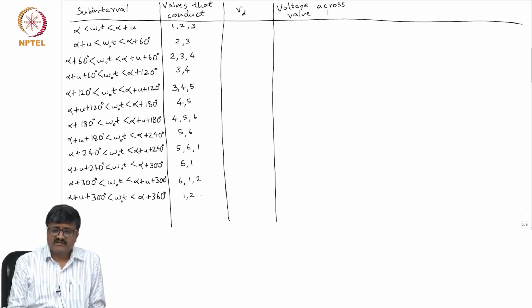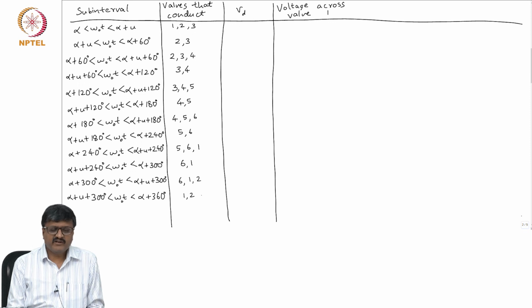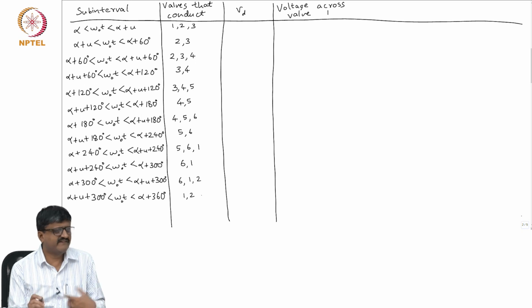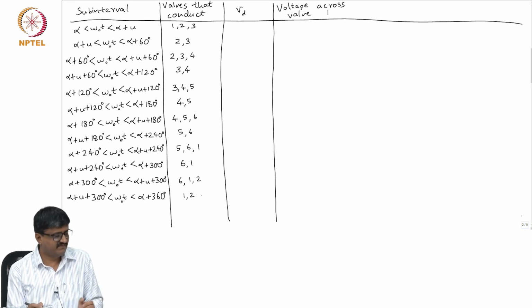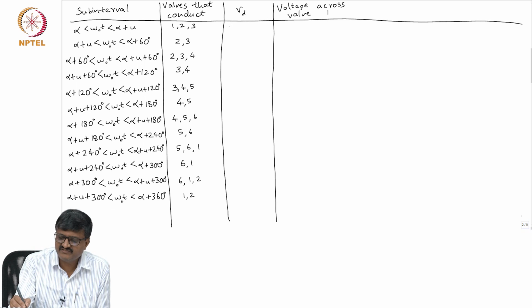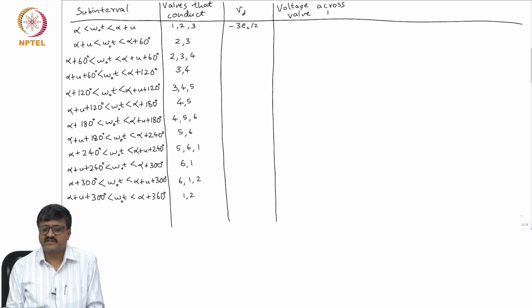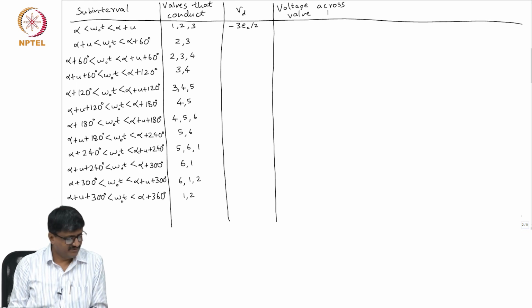Then the next column is Vd. We got the expression for Vd in the first subinterval. We derived it in the last class. You can write it in terms of EA, EB, EC: it is 3 by 2 minus 3 EC by 2.